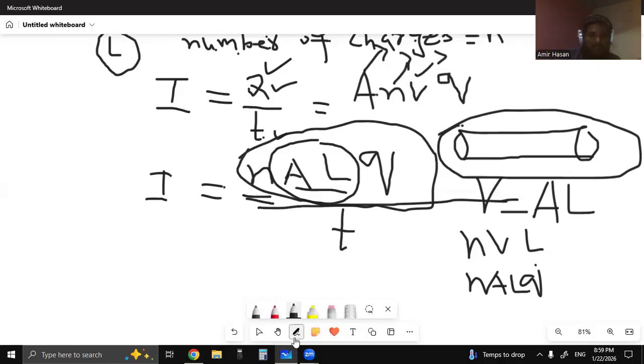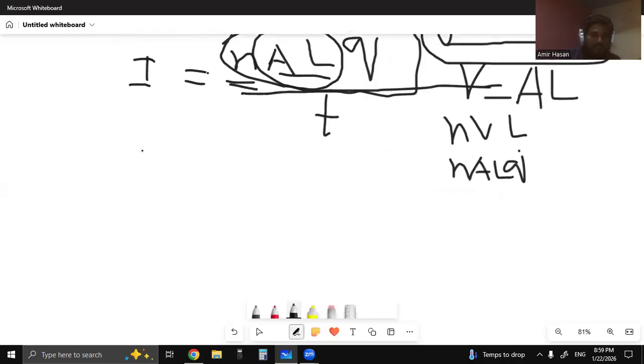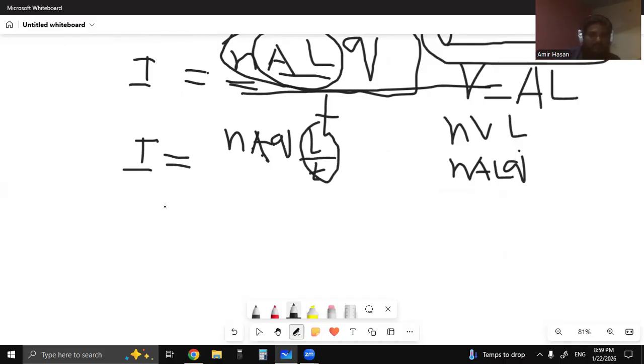When we divide Q by T, the formula formed is I equal to nAQ and L over T. Separate the L over T, because distance upon time represents the speed. Now number of charges, area, Q charge, and length upon time represents the speed v.